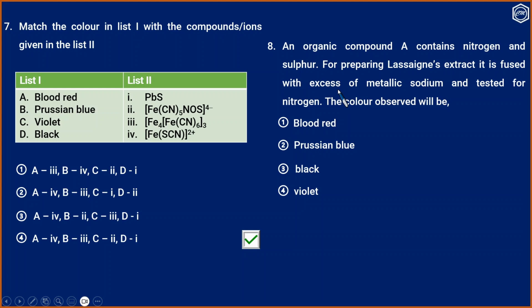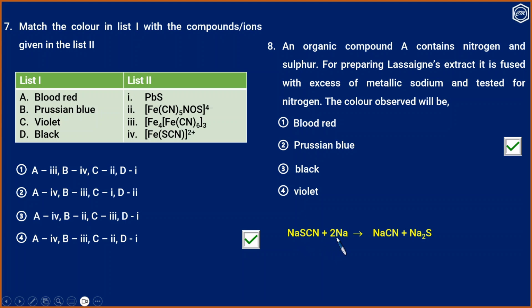So when we boil the Lassaigne's extract and acidify with sulfuric acid, ferrous sulfide will dissolve, and thus the Prussian blue color will appear. So the answer must be the second option, and that is the correct answer.